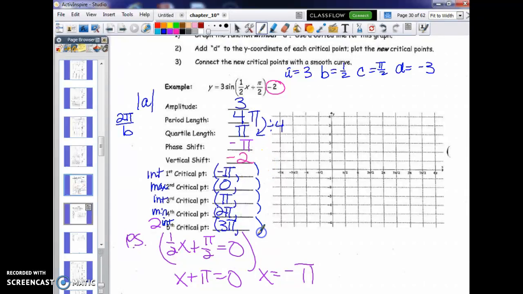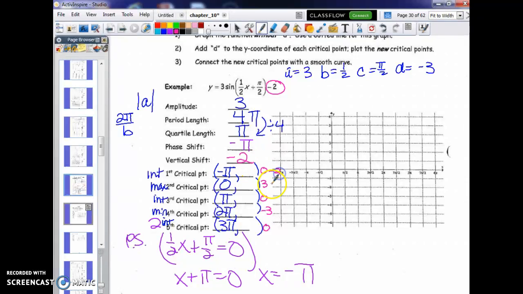Now, the phase shift, I kind of like doing on the right side of these points. So I know typically my intercepts give me a y coordinate of 0. My maximum, because of the amplitude, would be 3. And my minimum would be negative 3. But now I have this vertical shift of negative 2.